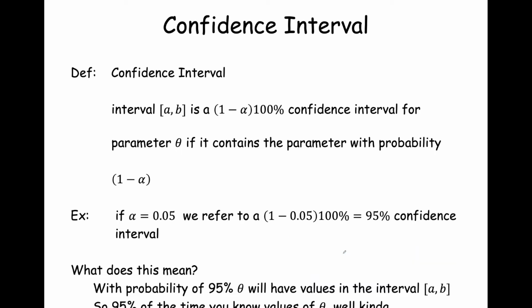All right, so with 95% probability, 95% of the time, you kind of know what the values of theta are. You don't know its exact values, but you know the boundary within which the values of this unknown quantity will occur. We kind of know with 95% of the time that it's going to be in this sandbox, so to speak.